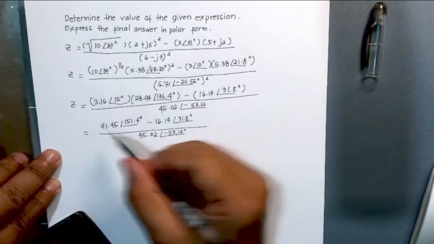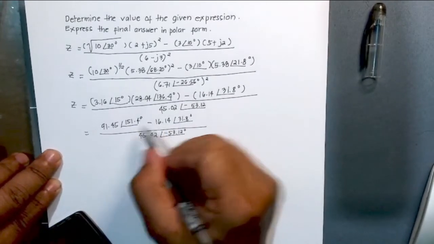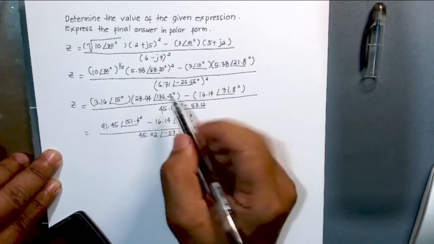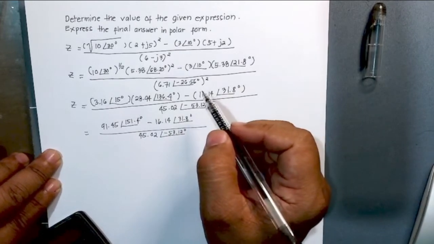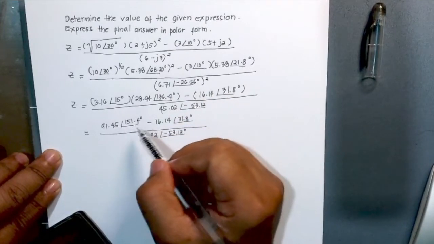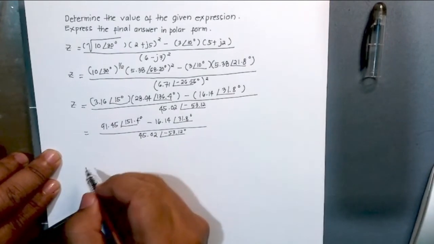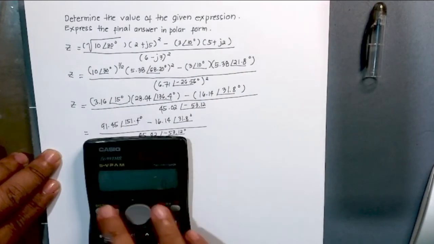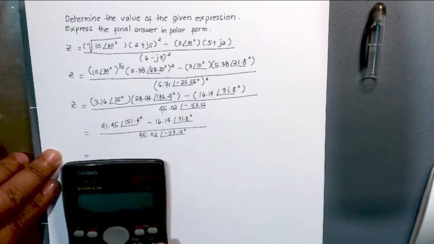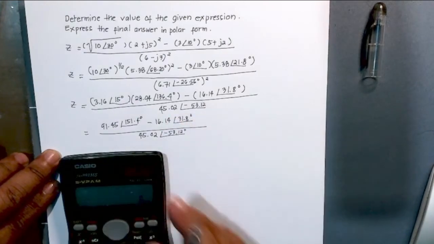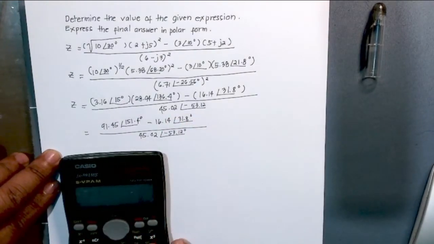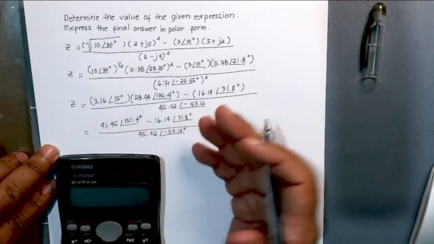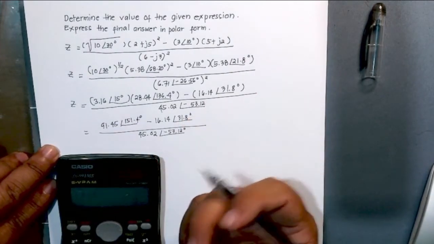So our problem here is that we cannot solve the numerator terms right away because they are in polar form, so we are again to transform this polar form to rectangular. Okay, so we use again your calculator. In my calculator, this is how I do it.